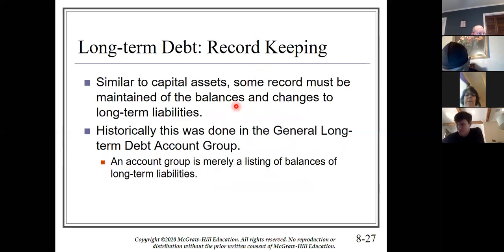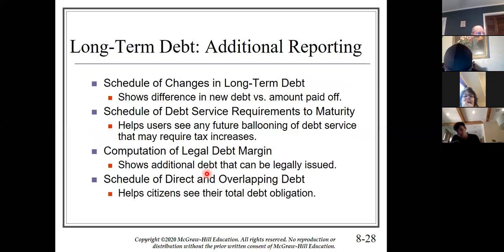Record keeping. They've got to keep record of their long-term liabilities somewhere. It used to be that this is done with what was called the general long-term debt account group. But an account group is just a list of long-term liabilities with the amounts of their balances. Additional reporting: schedule of changes in long-term debt.